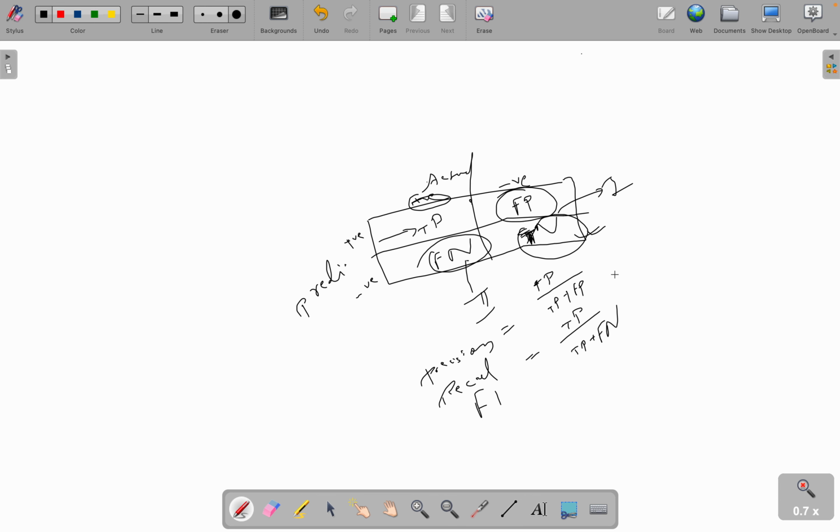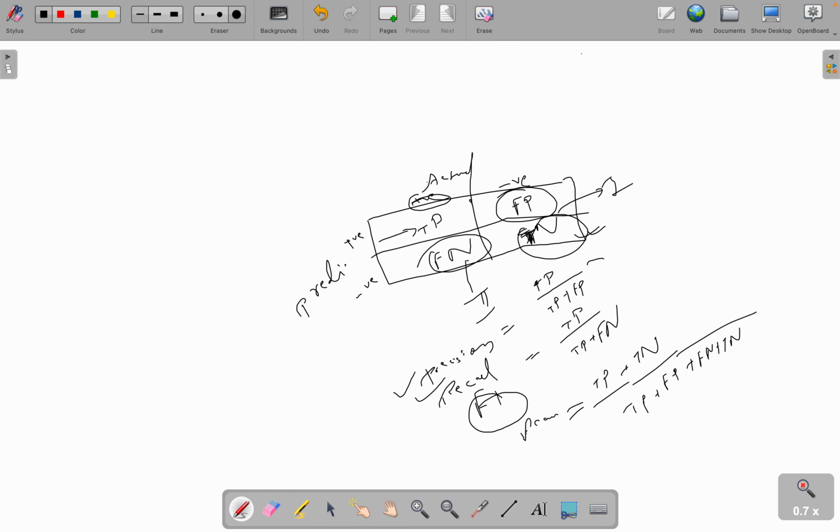And your F1 score is the harmonic mean of precision and recall. And accuracy is true positive plus true negative divided by all of them: true positive plus false positive plus false negative plus true negative. So this is your accuracy.